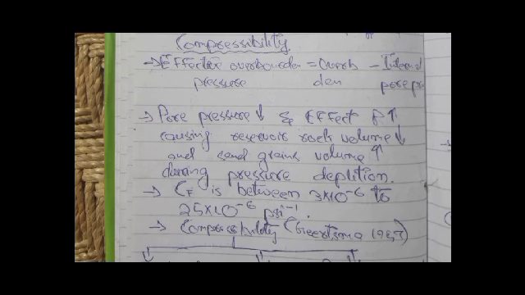Okay, next point that we are going to see is what happens during pressure depletion. Pressure depletion is the decreasing of pore size due to movement of the pore fluid.